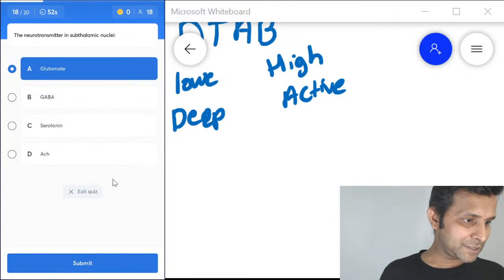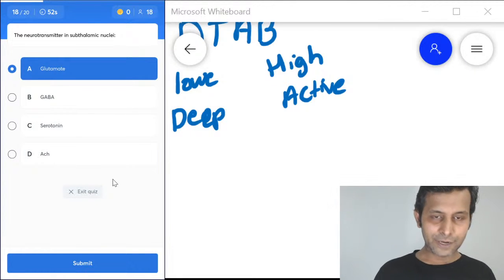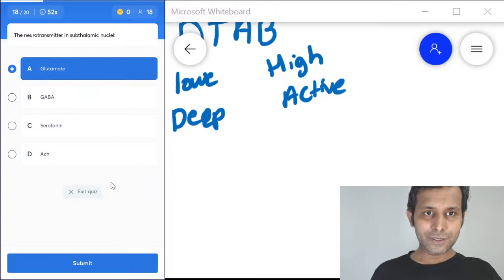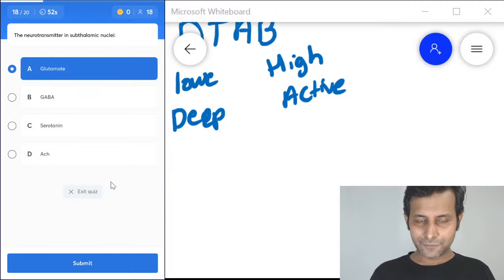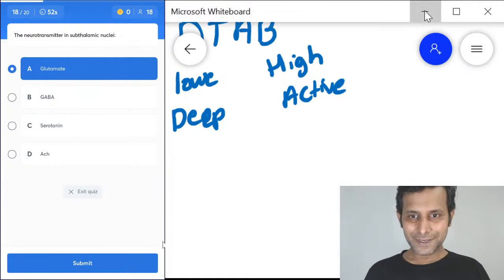Wait, there is some sort of slow connection. We are on a slow connection, so we'll just wait for a few seconds and see what happens.